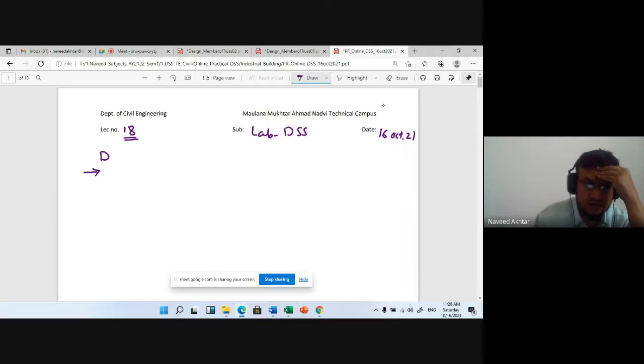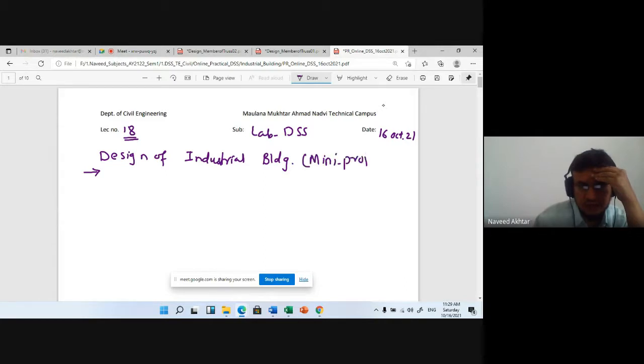Industrial building. That is mini project 1.